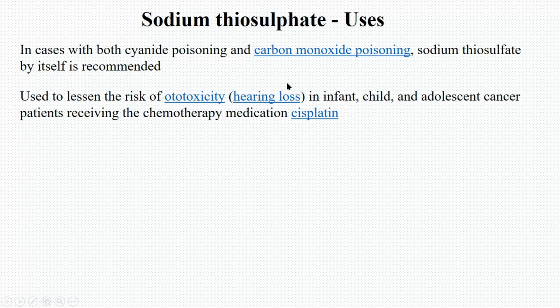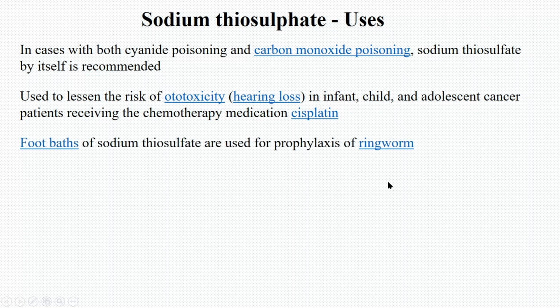Ototoxicity is loss of hearing. This occurs as a side effect when cisplatin is given to cancer patients, which includes infants, children, and also adolescents. That's why, to reduce ototoxicity, sodium thiosulfate can be used.